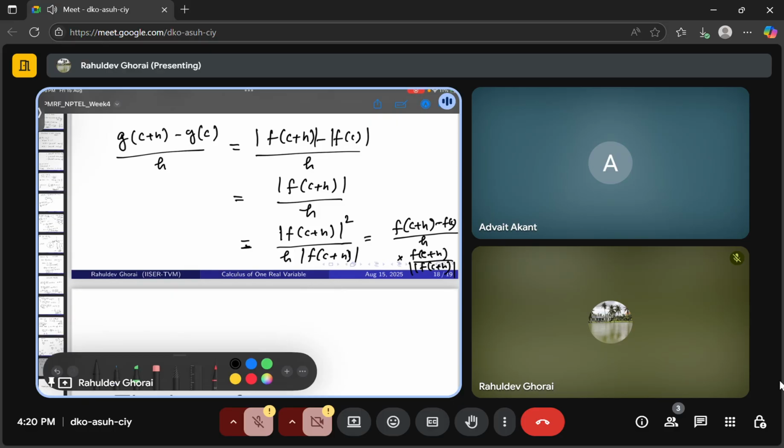So it has to be only 0. Otherwise it can give you multi-valued, and that implies the limit does not exist. It has to be only zero, otherwise it will not be differentiable, this limit will not exist.